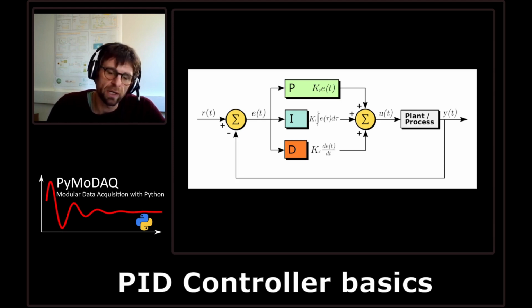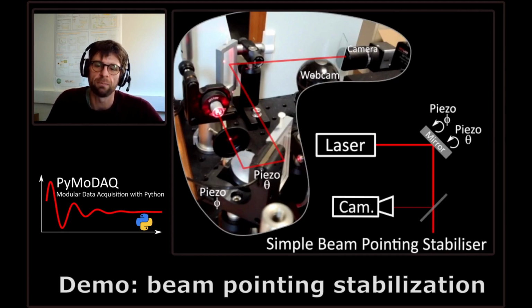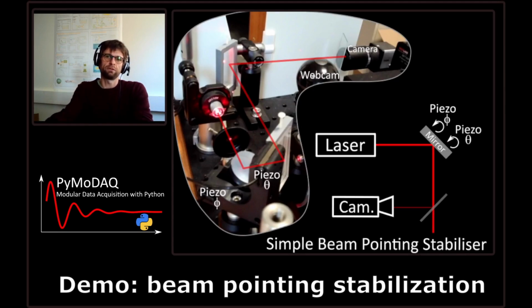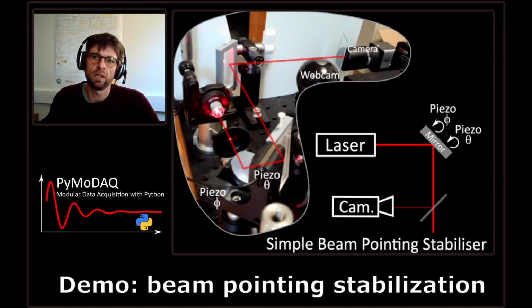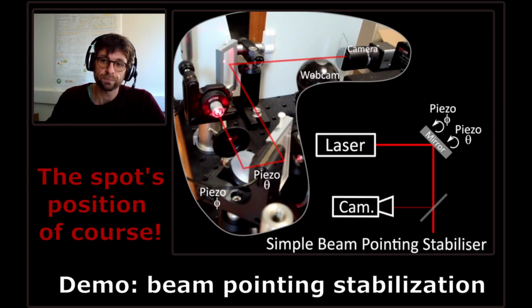To make it more understandable, I'm going to show you an example. Here I've built one of my favorite setups using some small lasers, cameras, and so on, and you have the schematic here on the right of the screen. Basically you have a laser and a mirror that can be tilted with two piezo actuators. You can tilt the phi and theta angles, and you measure the spot of the laser on a camera.